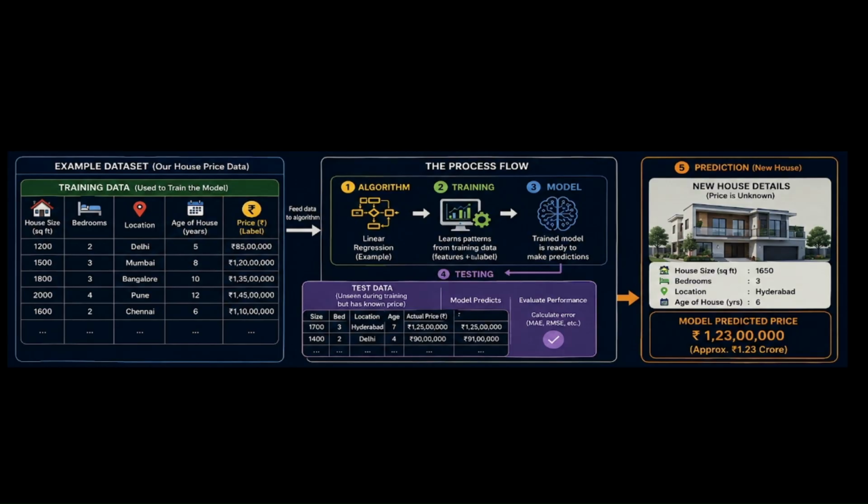So we can compare those predictions with the actual price in the test data and evaluate its performance. And finally, when we have a completely new house, we can give its features to the trained model, and the model can predict its price, right? So the complete flow is like this.